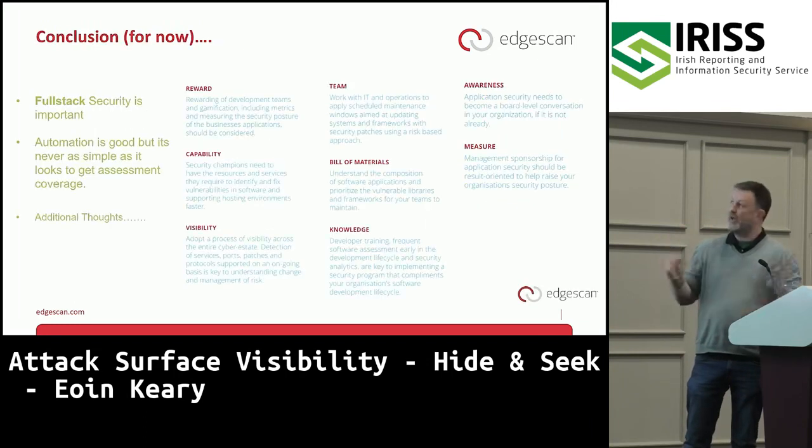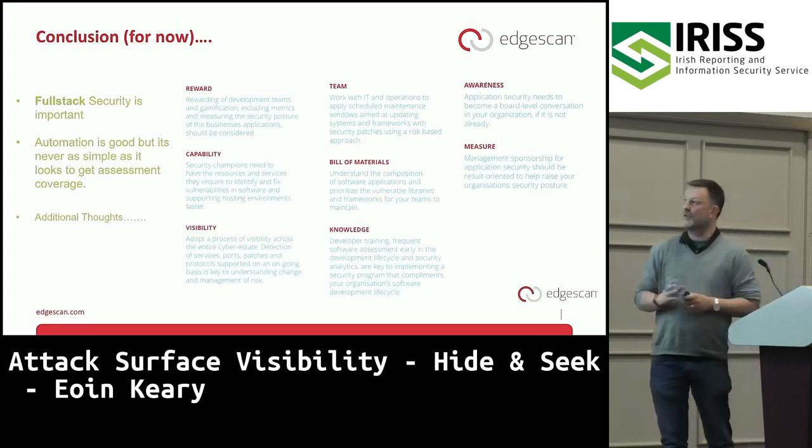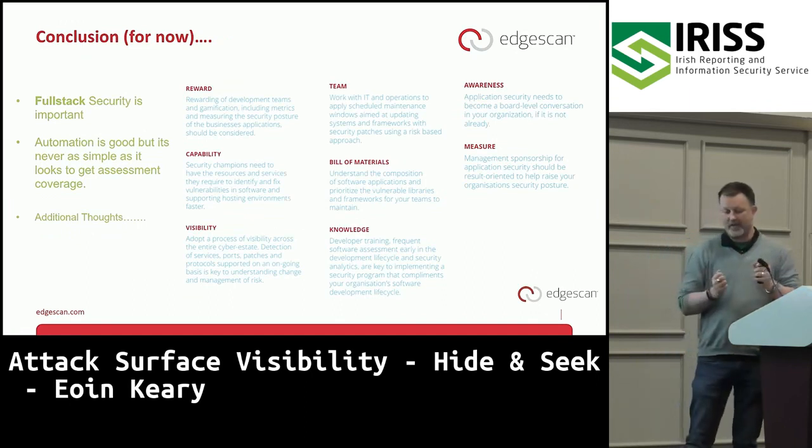Okay, finally, to conclude for now, full stack security is something that I think should be considered, rather than just getting a pen test on an app or a server. Combining the risk profile is very important. Automation is great, don't get me wrong. DevSecOps is brilliant, I love it. But you need to understand the pitfalls of DevSecOps, because it can give you a false sense of security.